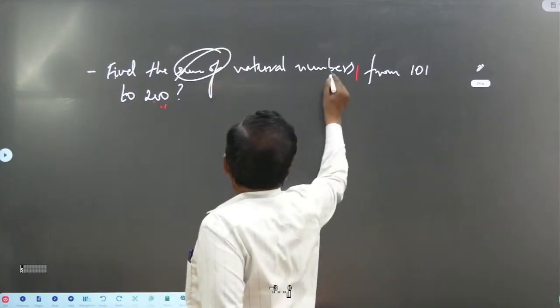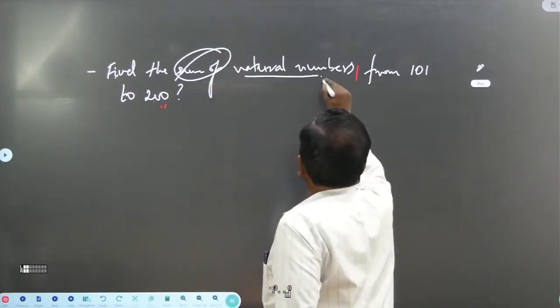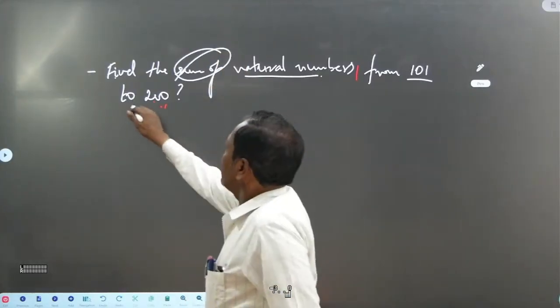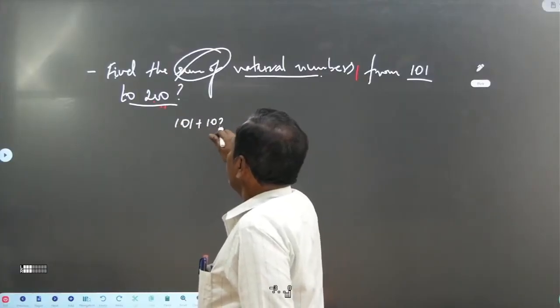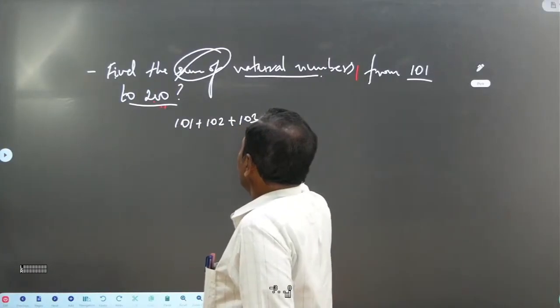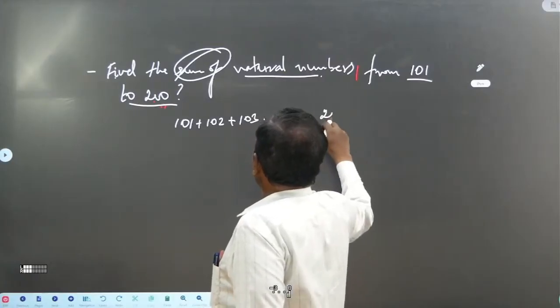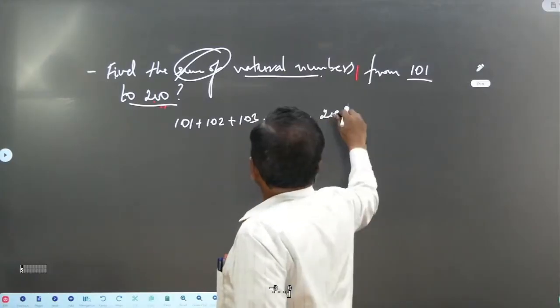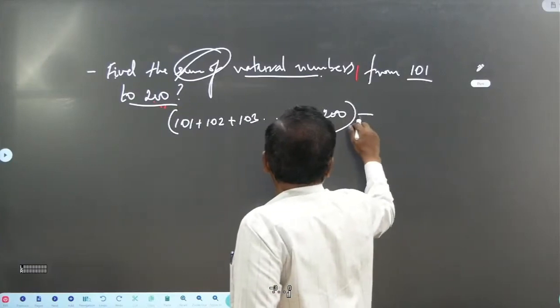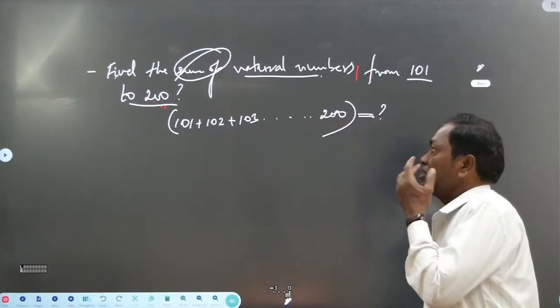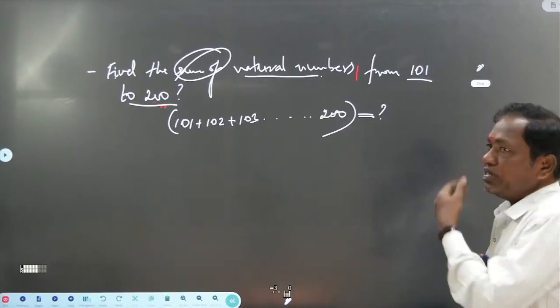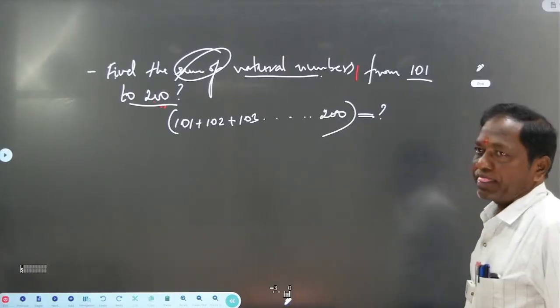Sum is asking for natural numbers, 101 to 200: 101 plus 102, 103 and so on till 200. We just downloaded the information from the question.